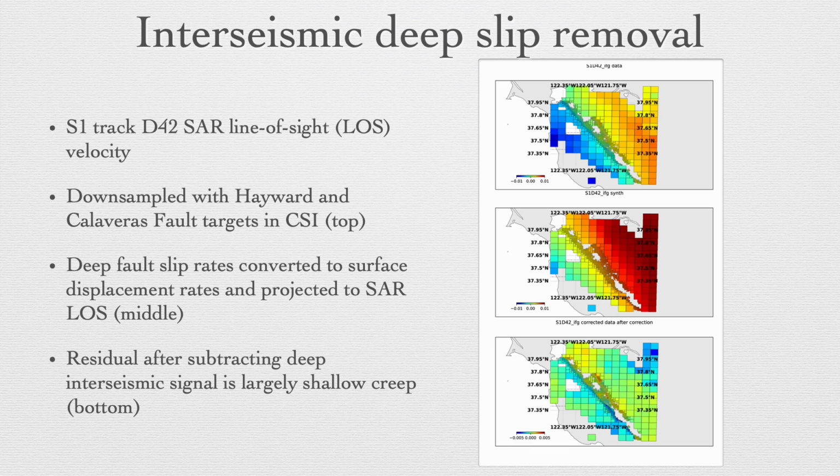That indicates that the InSAR and the GPS interseismic are highly compatible at the large spatial scales. The smaller scale variations close to the Hayward Fault are due to the shallow creep on the Hayward Fault.